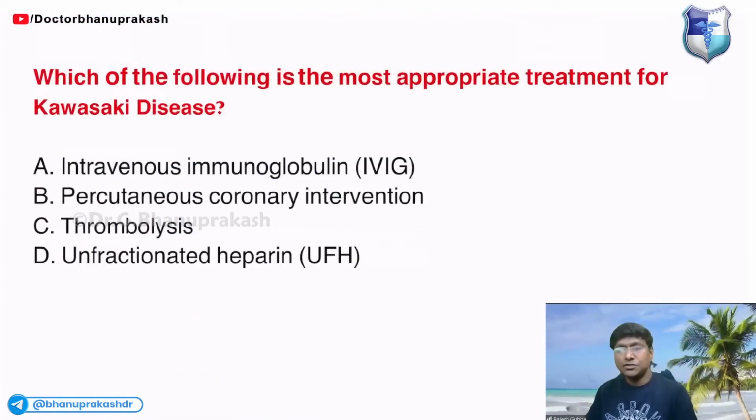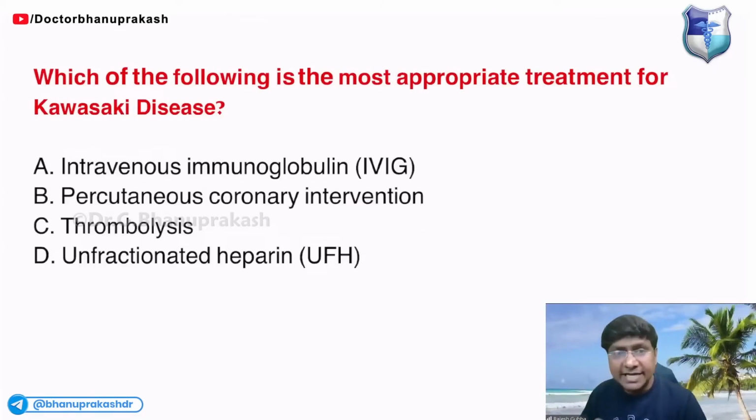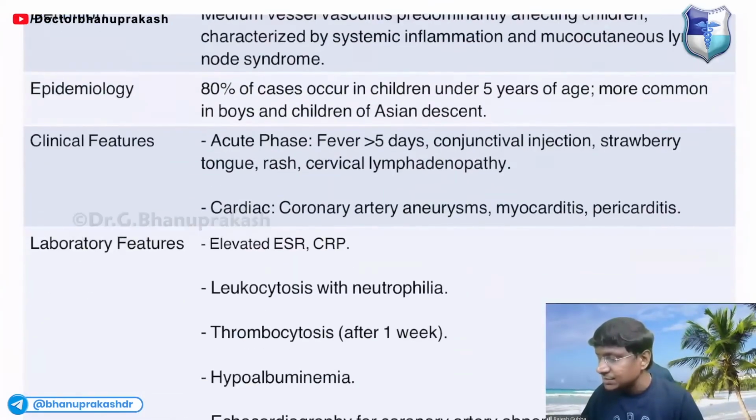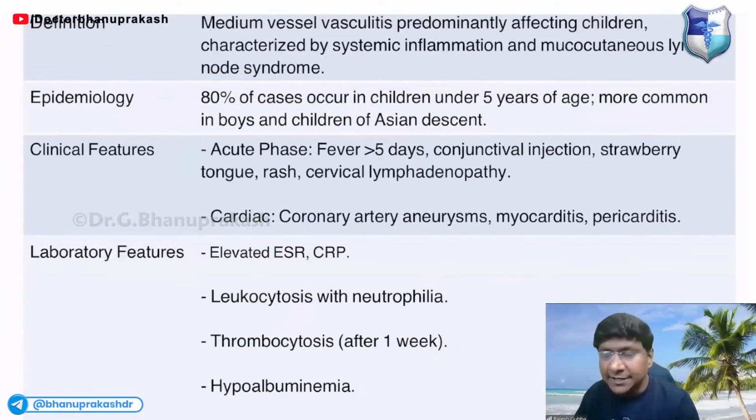Now, which of the following is the most appropriate treatment for Kawasaki? The most appropriate treatment for Kawasaki is intravenous immunoglobulin. Let me take up the discussion of the medium vessel vasculitis, that is Kawasaki. Kawasaki predominantly affects children.